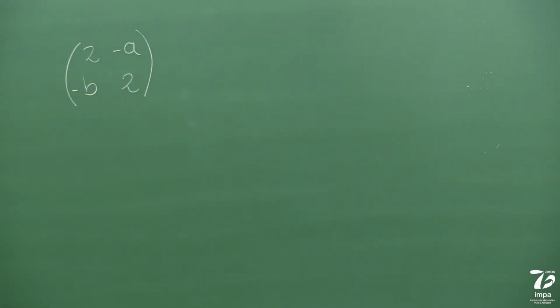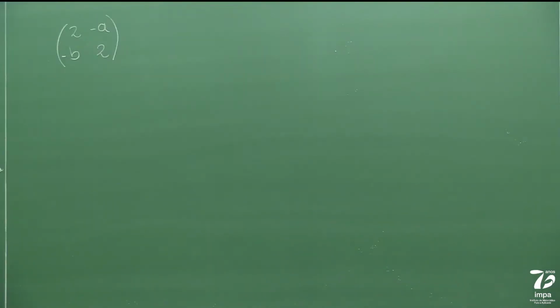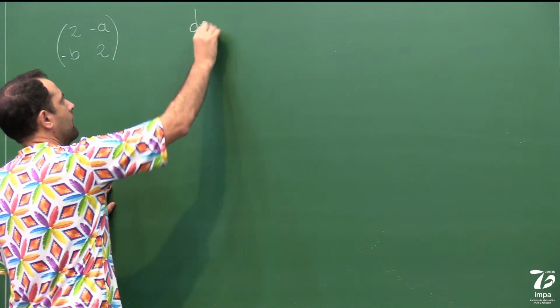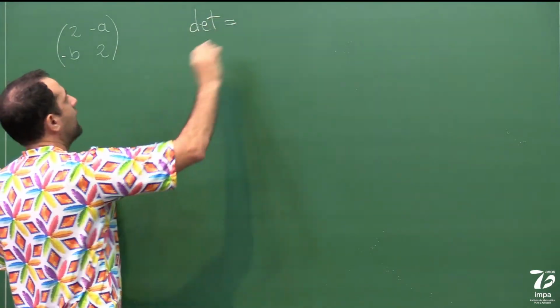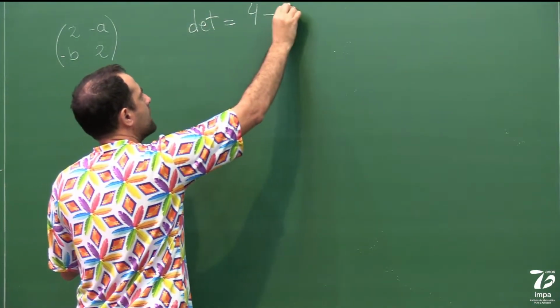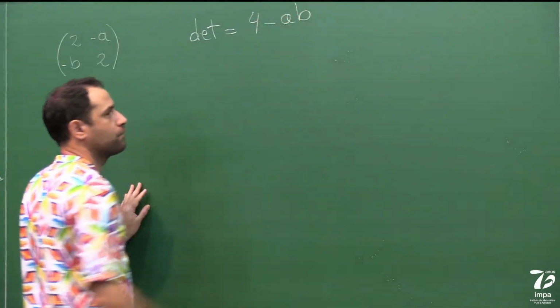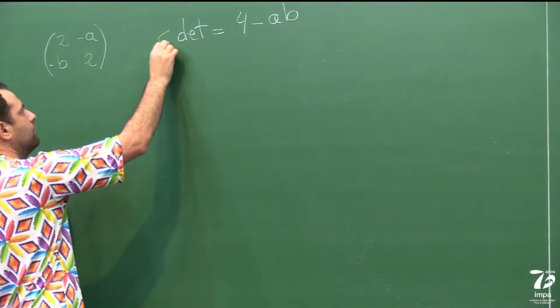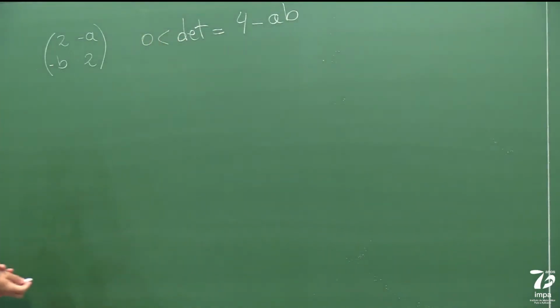So now A and B are positive numbers, and the determinant of this thing has to be positive, and this is equal to 4 minus A times B. And it needs to be positive. So we see that we have some options.